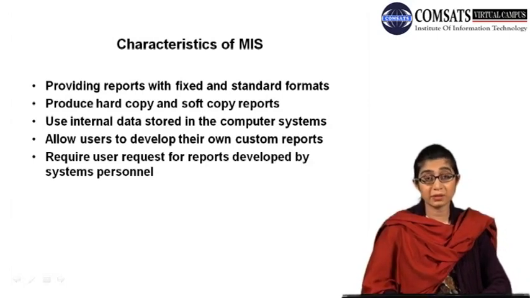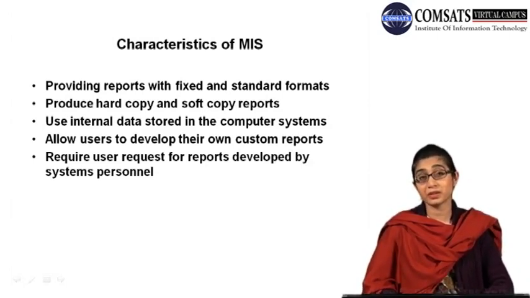Next, in the next lecture, we're going to talk about the different kinds of MIS working in the functional areas, and then we're going to talk about what the steps of decision making are, and we're going to talk about the decision support systems. And in the coming lectures, we're going to continue with the decision support systems and executive systems as well, how they work and what the components and characteristics of those systems are.